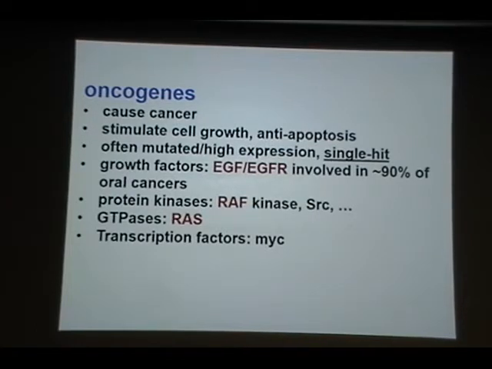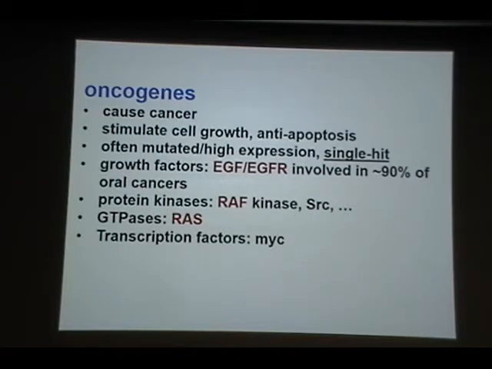So there is a single hit hypothesis regarding oncogenes, because if I have one oncogene that is totally non-functional, I have another oncogene that gets activated because the mutation overactivates it, and then I can get cancer. Just one hit is enough to cause cancer.